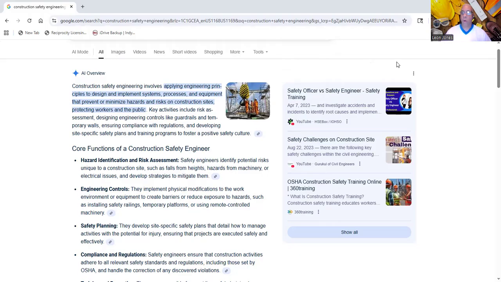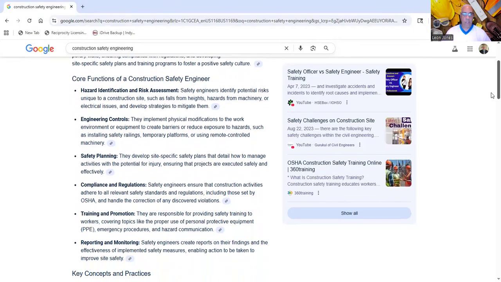Now, here are the core functions of a construction safety engineer. You have hazard identification and risk assessment. Safety engineers identify potential risks unique to a construction site, such as falls from heights, hazards from machinery or electrical issues, and they develop strategies to mitigate them.